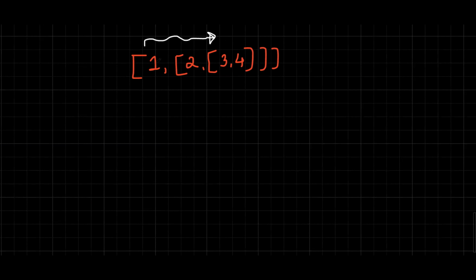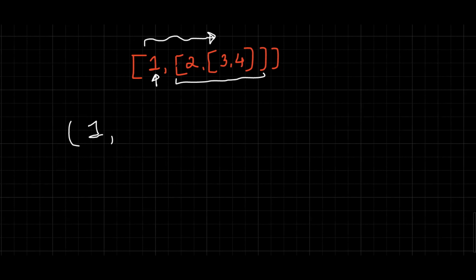So here, the first element is 1. We have to check whether this element is an integer or not. This element 1 is an integer, so we have to add 1 into the resultant array. Now, for the second element, it is this list.